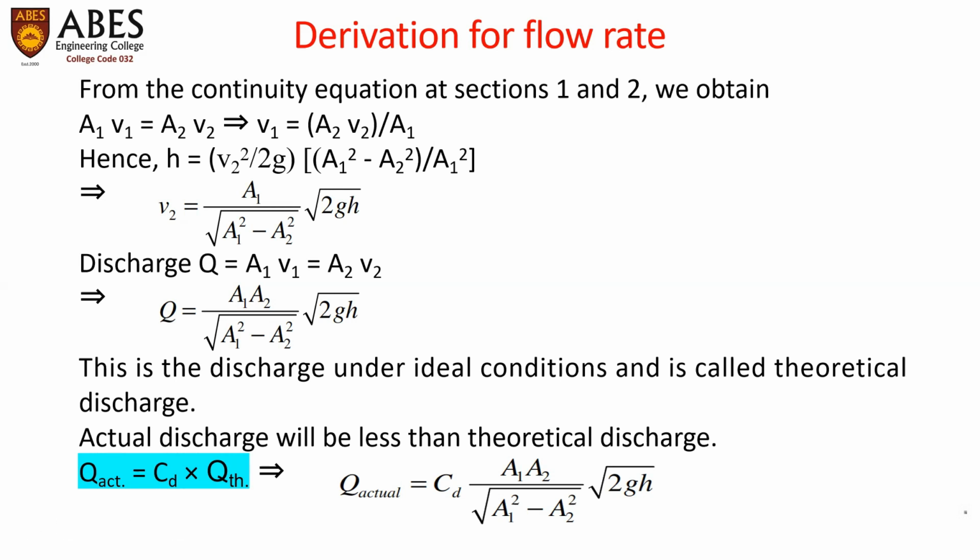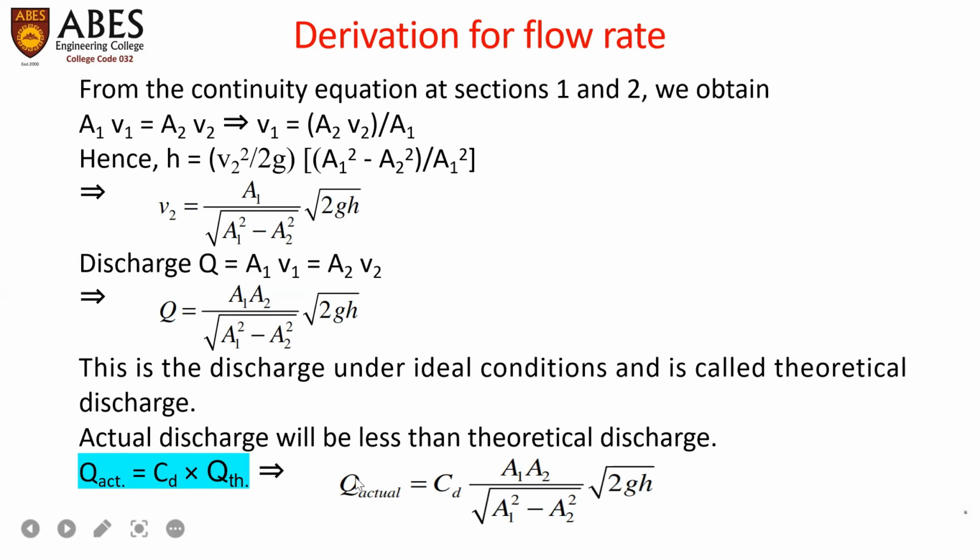The ratio of actual discharge and theoretical discharge is called the coefficient of discharge, CD. So we can write actual discharge Q actual is equal to CD multiplied by Q theoretical. In this way, Q actual is equal to CD times A1 A2 divided by square root of (A1 square minus A2 square) into root 2gh.